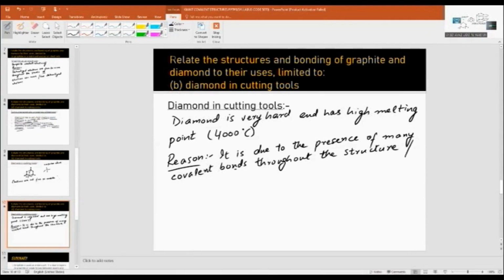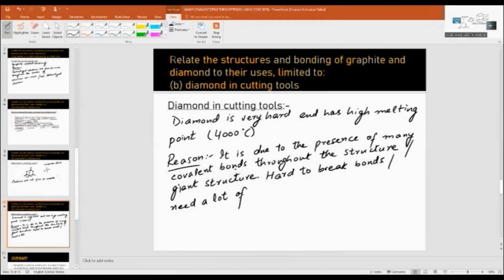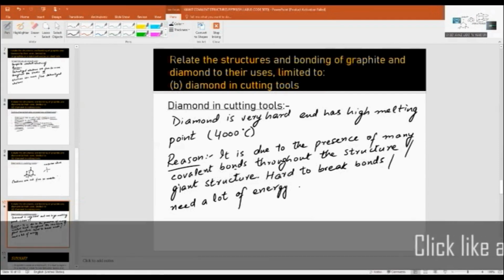You can write giant structure. Hard to break bonds. I need a lot of energy to break bonds.